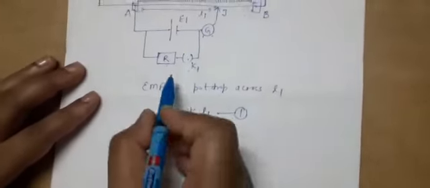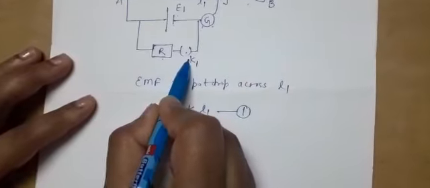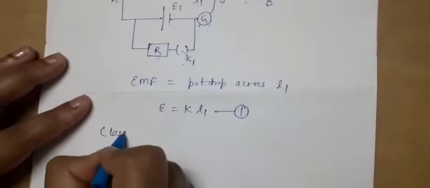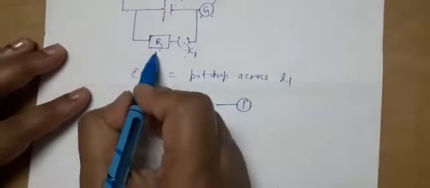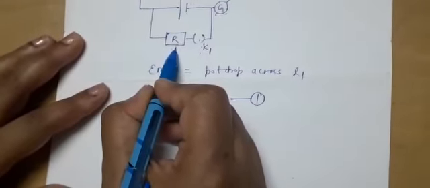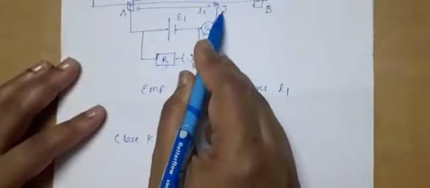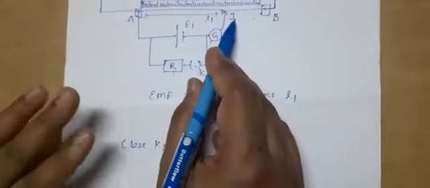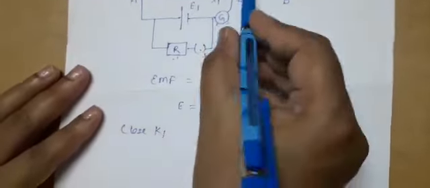Now in the second step you will close key K1, take out a suitable resistance from this resistance box, and again start sliding the jockey over the wire so that there will be no deflection.